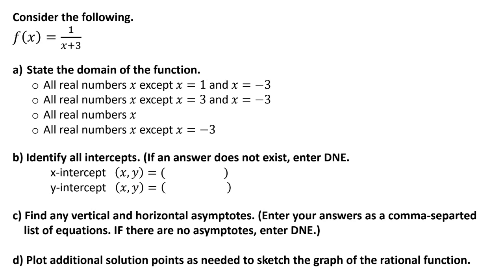If we solve, we see that x cannot be equal to -3, because if we put -3 in our function, we're going to get a 0 in the denominator. -3 plus 3 gives us 0. So for the first one, to state the domain of the function, the answer is the fourth one: all real numbers except x equals -3.